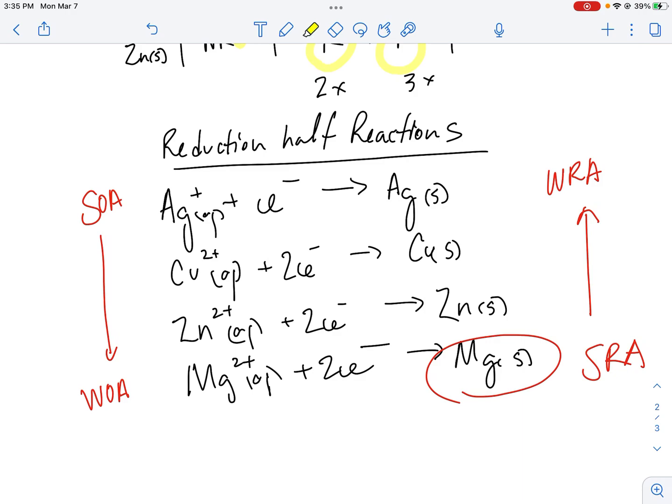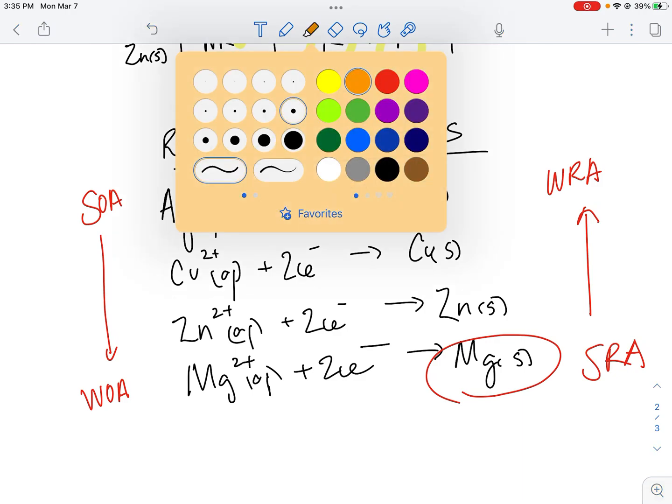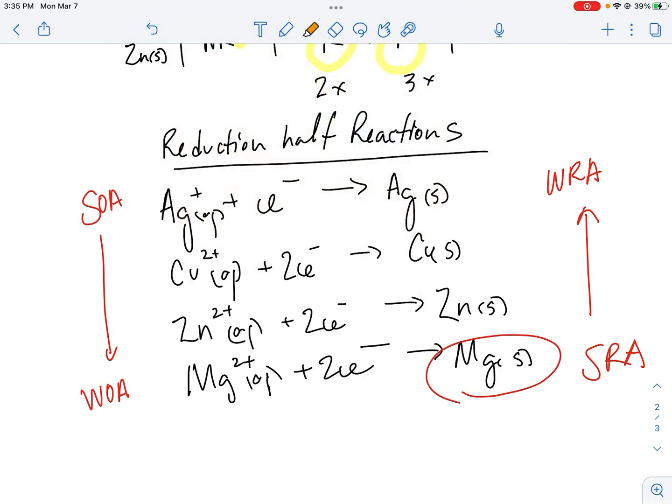And there is one other thing that's in this. So you might have to come back and look at this. But anytime I have an oxidizing agent like silver above the reducing agent, so it goes like this, my oxidizing agent is above my reducing agent, this is a spontaneous reaction.